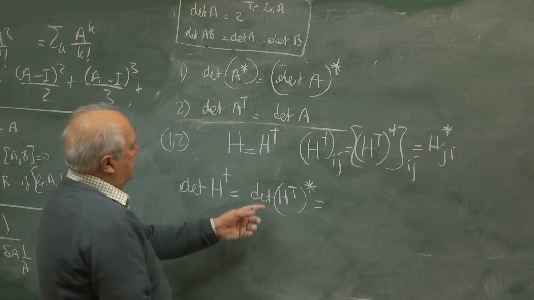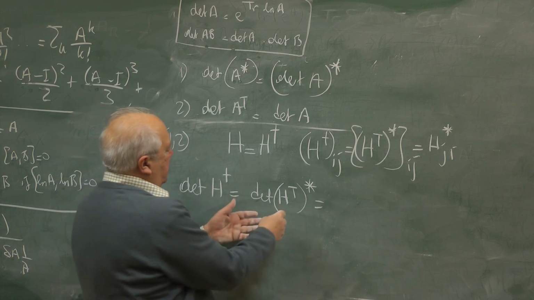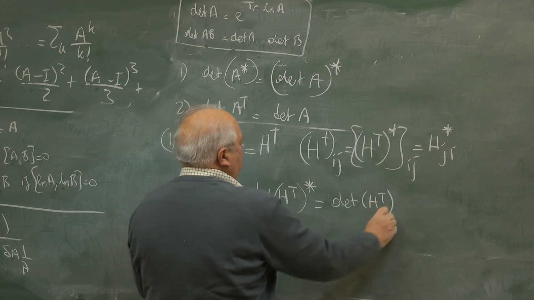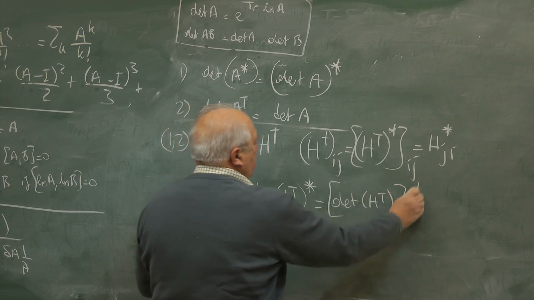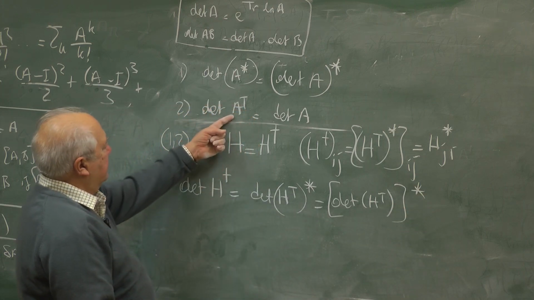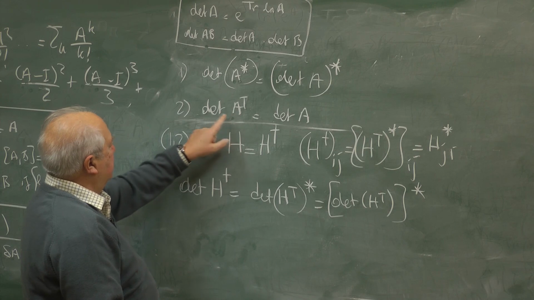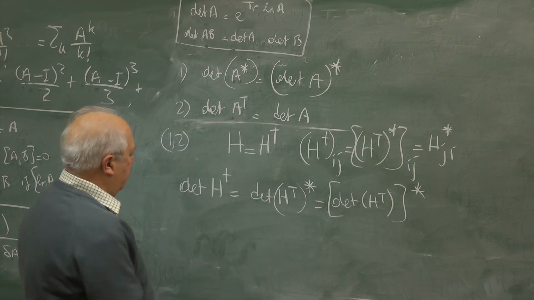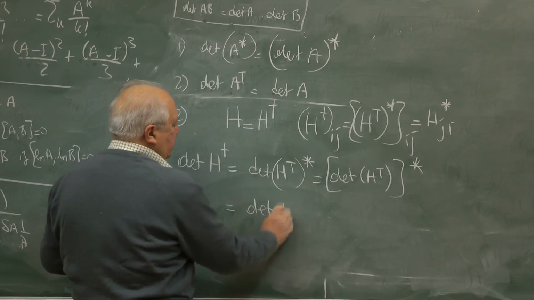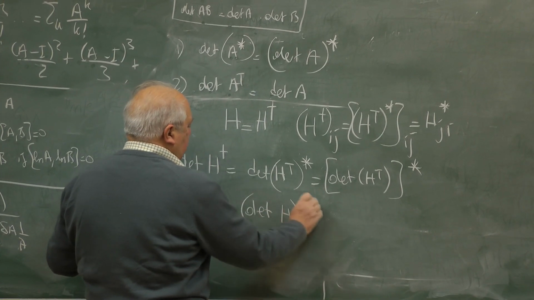We just proved that this is the complex conjugate of determinant of H transpose, and we just proved again that a transpose matrix has the same determinant as the matrix itself, so it's equal to determinant H complex conjugate.